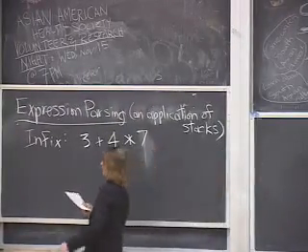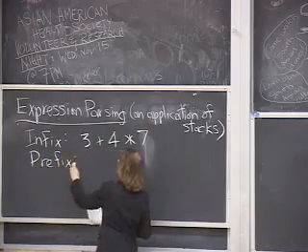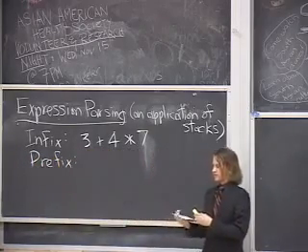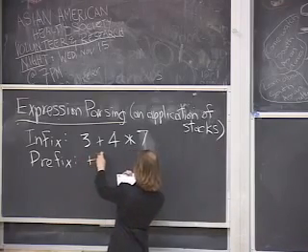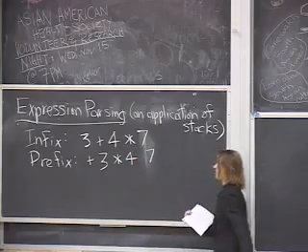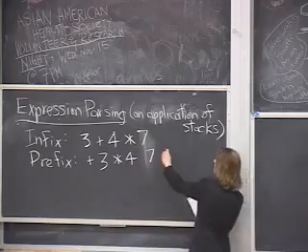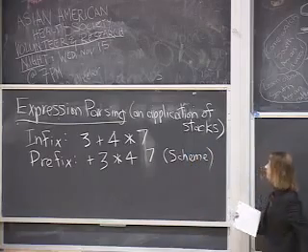Then there is also prefix, and most of you are familiar with prefix because most of you took 61A. So prefix notation is when you write the expression before the things it's applied to. So this same expression is written plus 3 times 4, 7, and that's the natural way to express things in Scheme, which is why a lot of you have seen it.